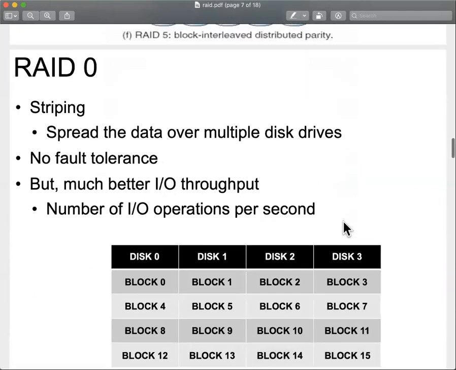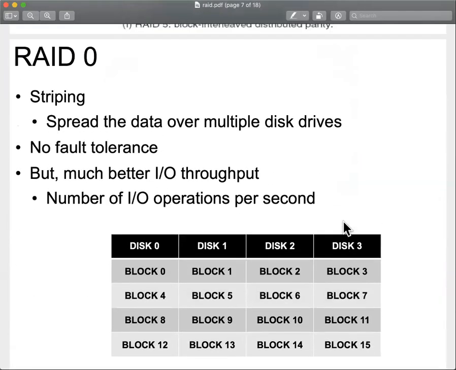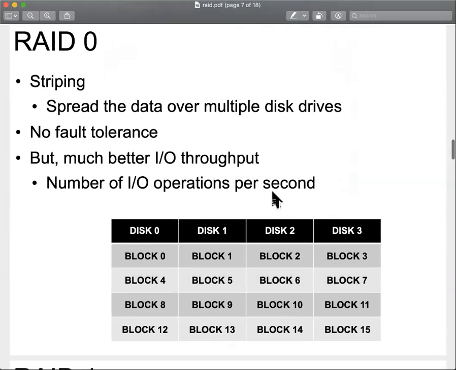We had looked at RAID 0 earlier, and the idea there was that we would take the array of blocks from the logical address space and stripe them across all the disks. So in this example, blocks 0 through 3 would go across all the disks, and then blocks 4 through 7, and so on.